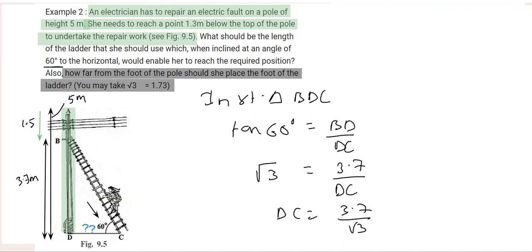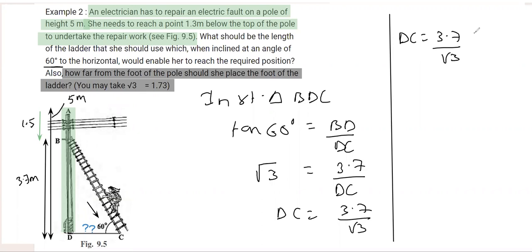Now, it's always advised to leave the answer with a rational denominator, whether asked or not. In the simplified form, first we should rationalize this. So this is going to be √3 by √3. That will give you 3.7 √3 divided by 3. You may further simplify it to get the final answer.